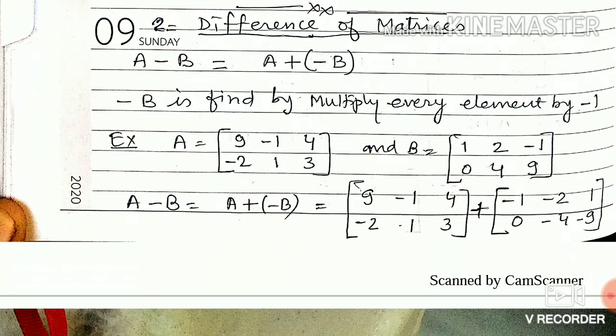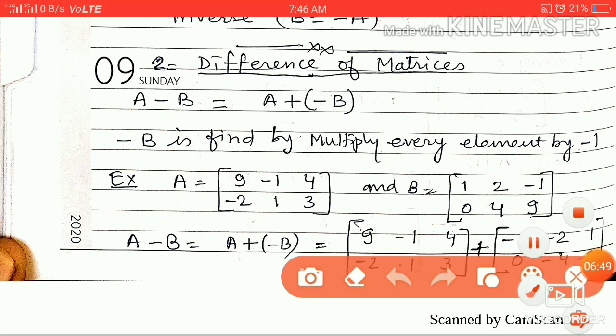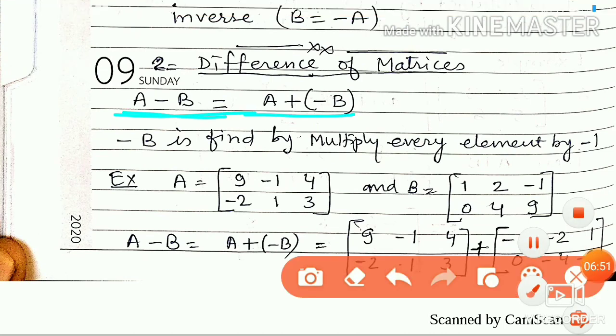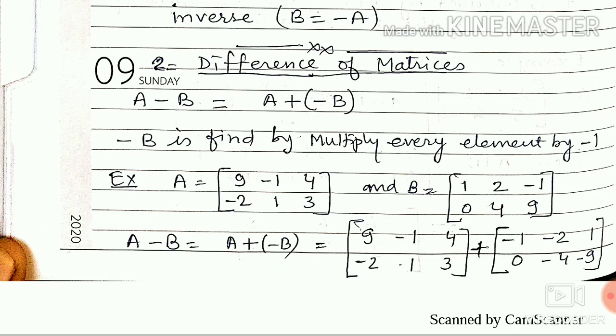Now you have to find the difference. How can we find the difference? Look here, for the difference a minus b, you write a plus bracket minus b. And how can we find minus b? We find minus b by multiplying every element by minus 1. You can understand this from this example.